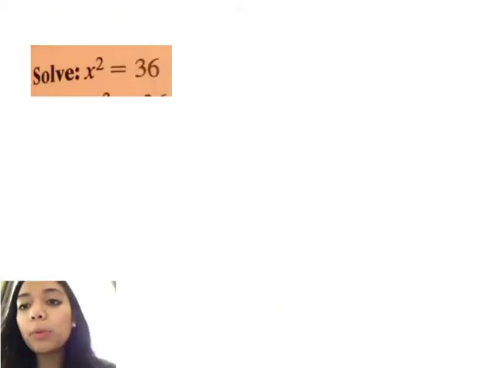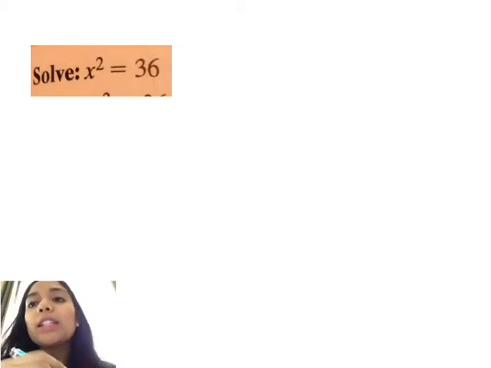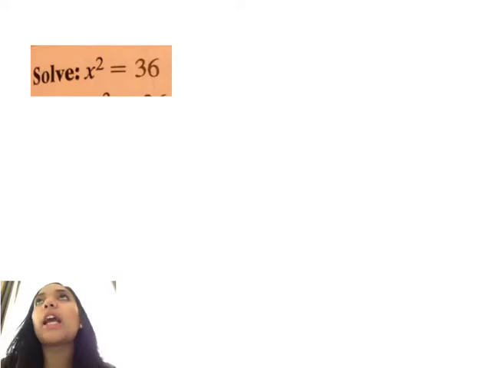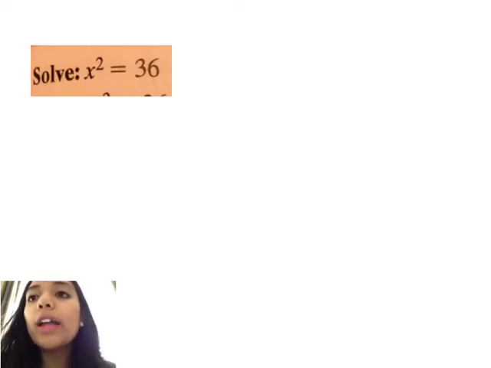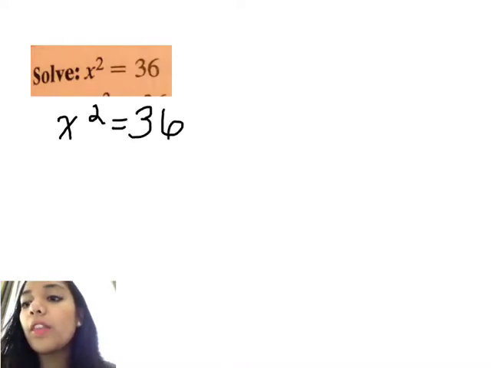Okay, so this one looks pretty simple. X squared equals 36. My first thing I need to do, I need to have equals 0. I don't need to have it equal to 36, because if I have it equal to 36, then I can't solve to figure out what x actually equals. So that means I have to manipulate my equation, and I'm just going to rewrite it, to where on this side of the equation, all I have is 0.